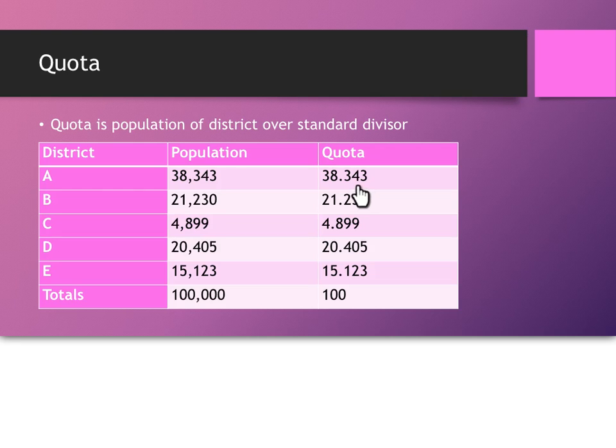So in a perfect world, District A would have gotten 38.343 representatives, because out of 100 it has that percentage. In fact, it has 38.343 percent of the population in this example as well.